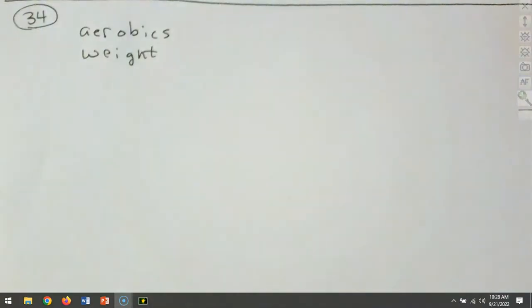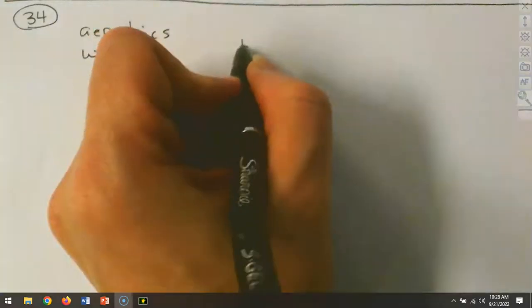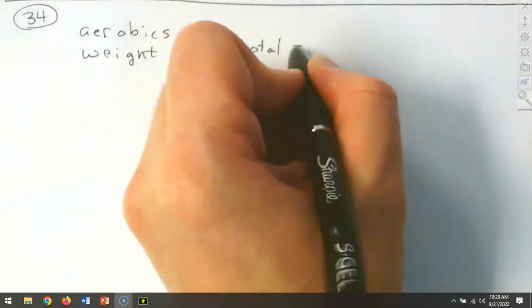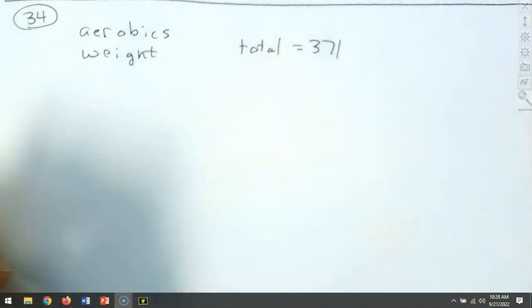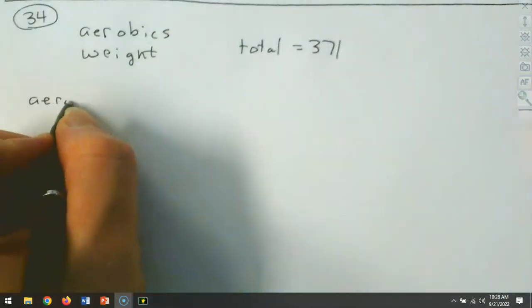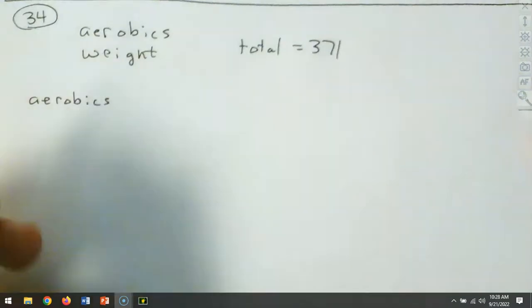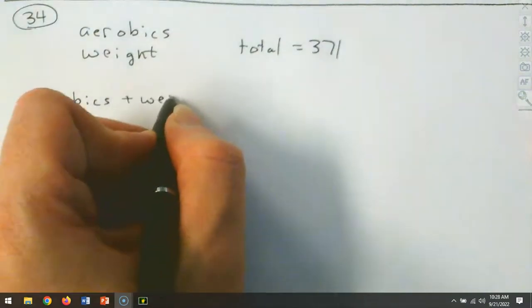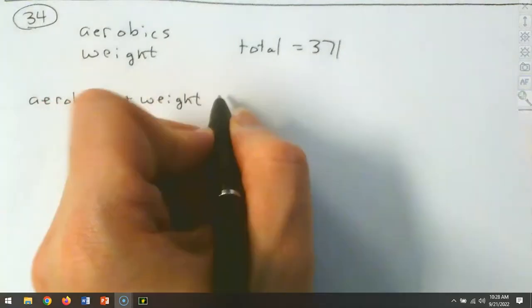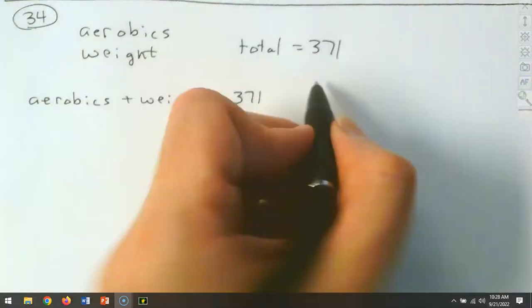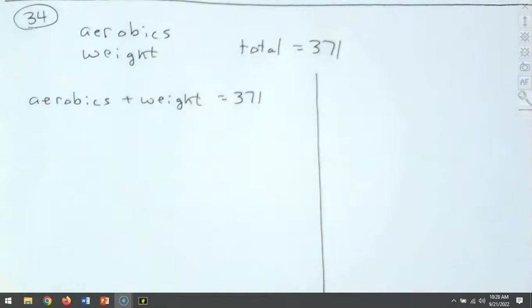Yep, so that's the first thing I do, I try to find that total. And that total is 371. And then I've got my aerobics plus the weight. That equals our 371.